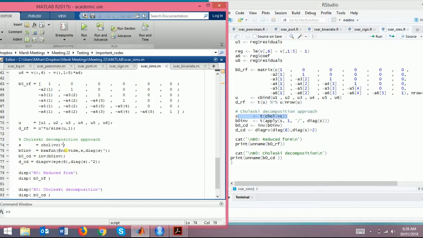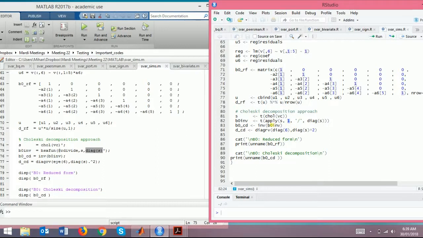So with Cholesky we have the diagonal elements, and we are dividing those with the diagonal element of S. S1, apply S, I don't know why it's 1, anyway, X margin, then the function, right, margin 1, that means lag, so there is no lag, so 1, then division, then the diagonal, that's all.